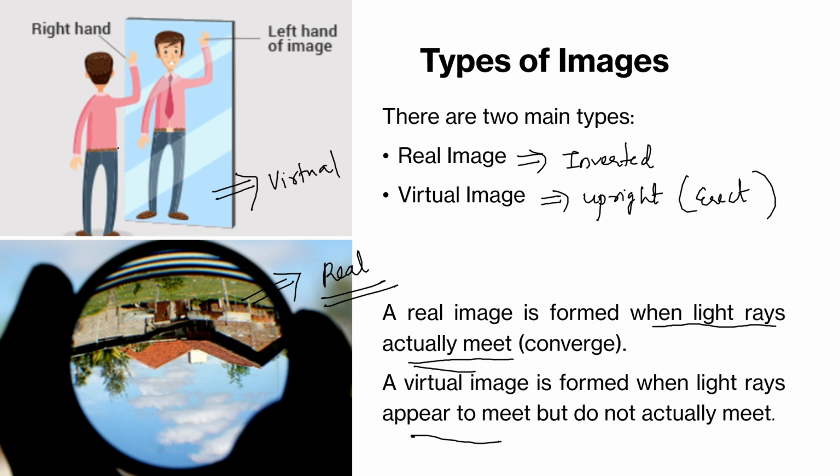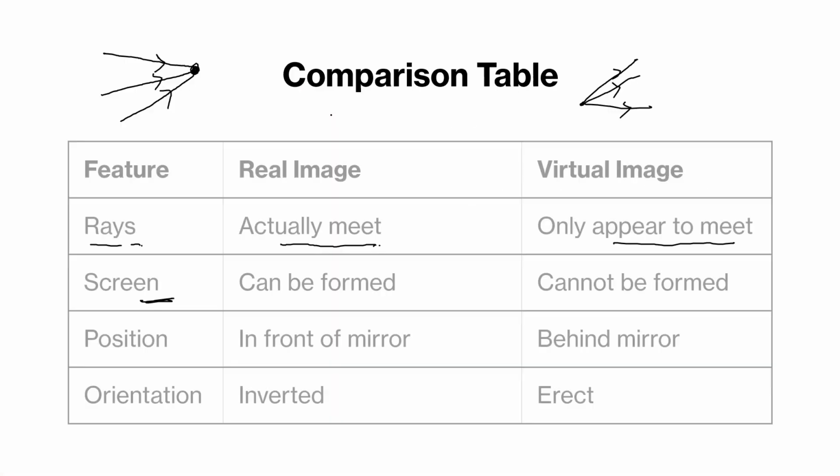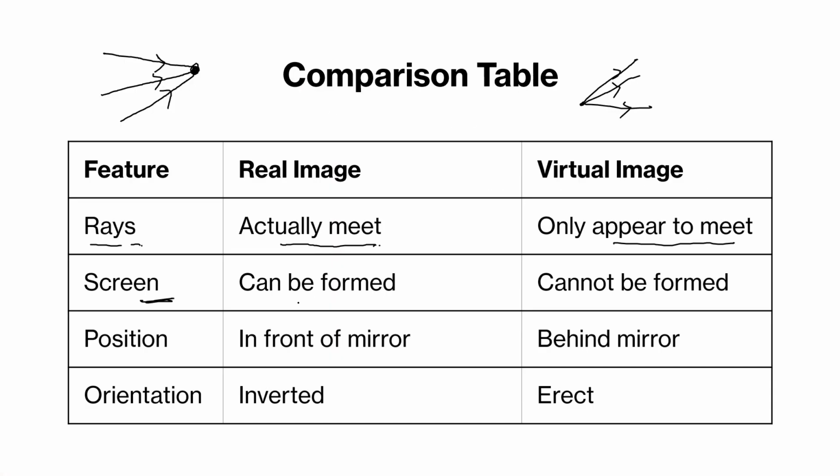What about the virtual image? The image that we see in a plane mirror cannot be projected or obtained on a screen. That is the difference between these two. Now position.